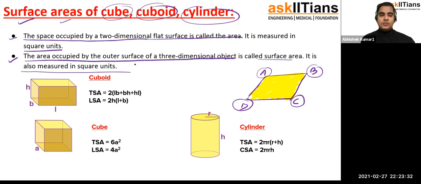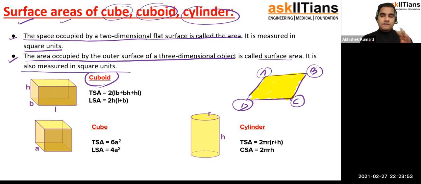That means if you talk about this very first figure that you are provided here, which is a cuboid, a cuboid is a 3-dimensional figure, as it has got 3 dimensions. One dimension is length, the other is breadth, and the third is height.